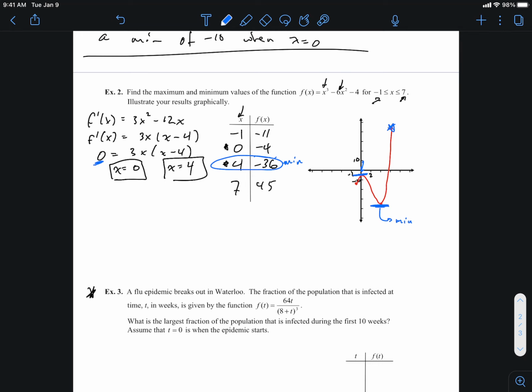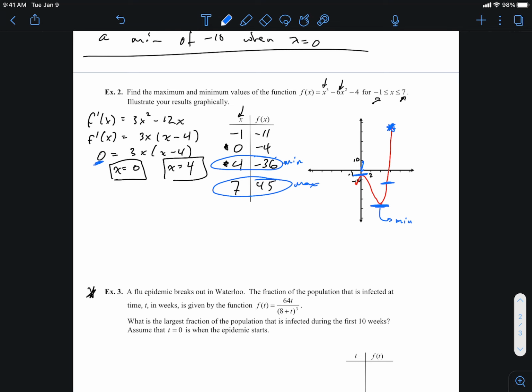This is the biggest y value on this interval. If we had stopped at, I don't know, x equals maybe 4 or 5, then yes, this would have been a max, but it's not. We didn't stop. We set our interval a little bit bigger. This is our maximum down here.